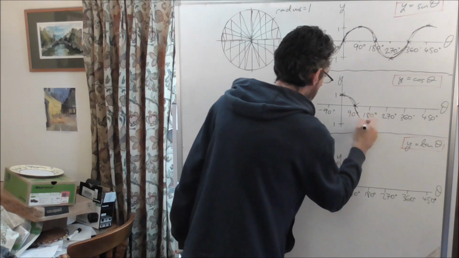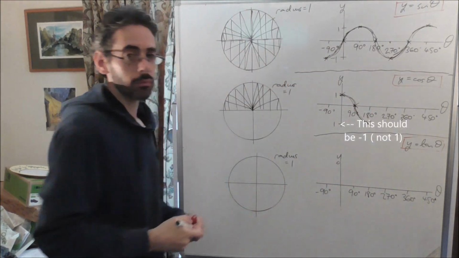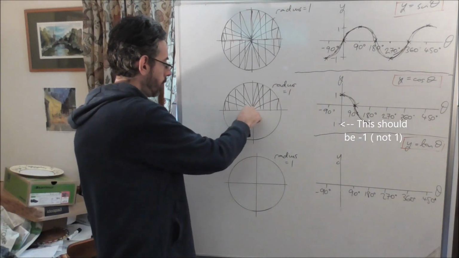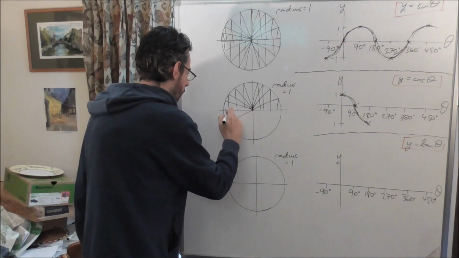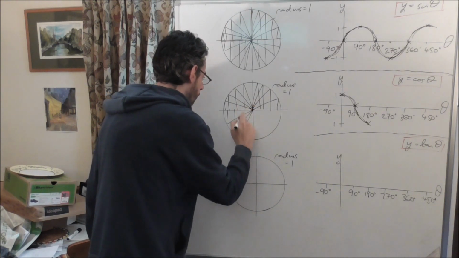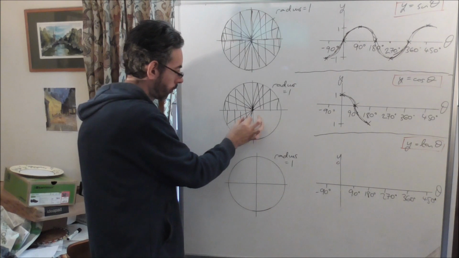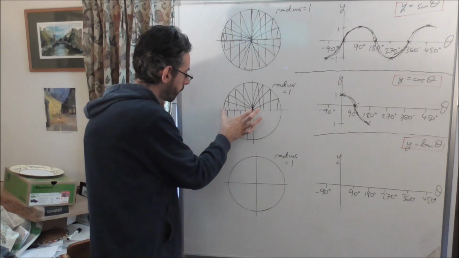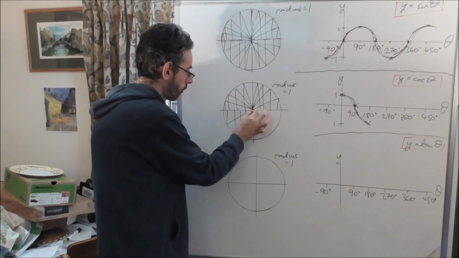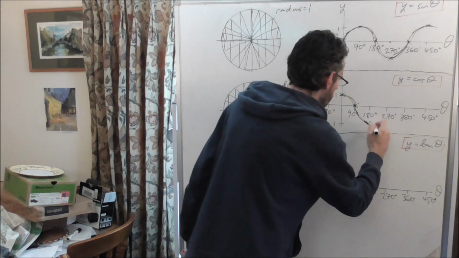So the graph does that. And then as you go from 180 to 270, let's see what happens to the bases of the triangles. I'll just draw 4 triangles in this quadrant. Well, you can see the bases, as the triangle gets taller and thinner, go from -1 back to 0. The bases get smaller and go back to 0.